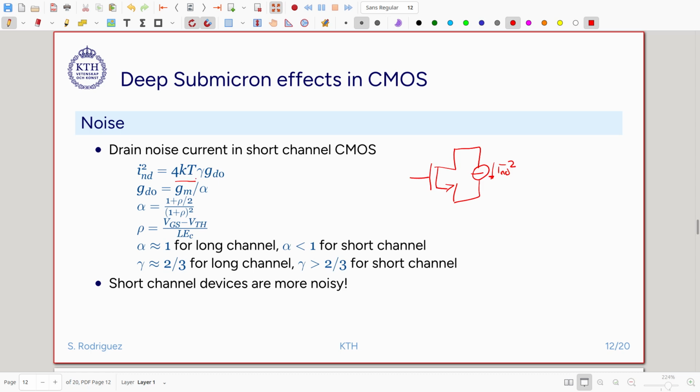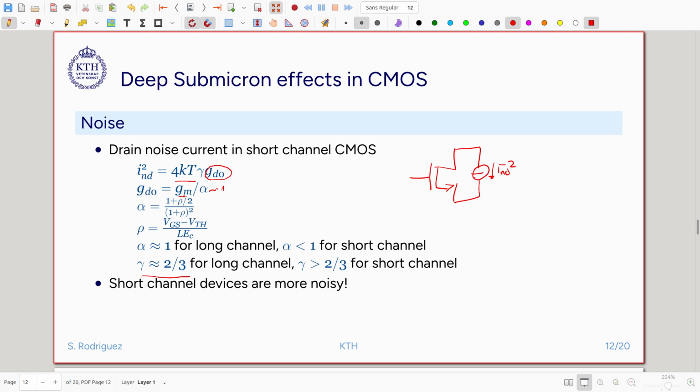There will be some factor here, gamma, that is around 2/3 for long channel devices, and this term GD0 that depends on the transconductance. For long channel devices, this is equal to 1, so we can do very quick calculations of this noise current.